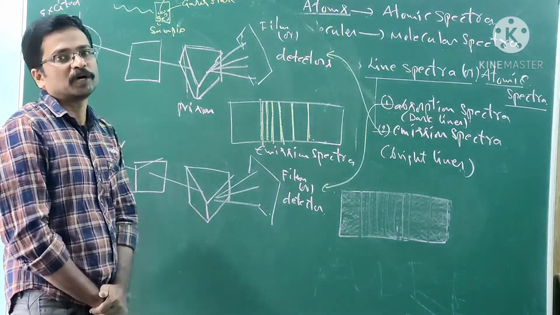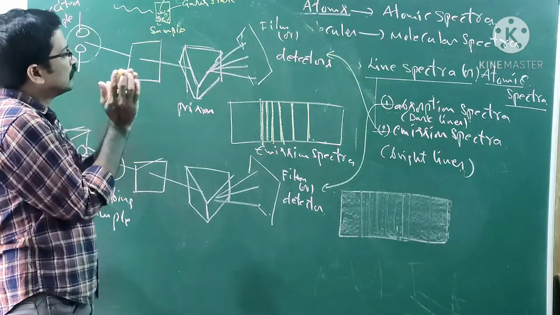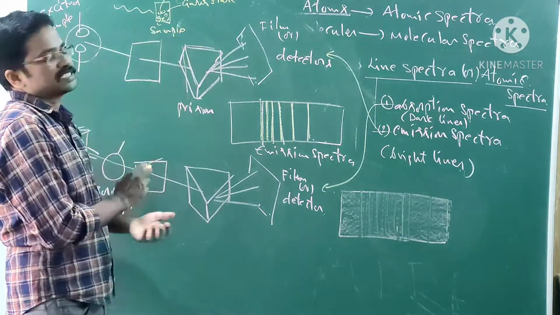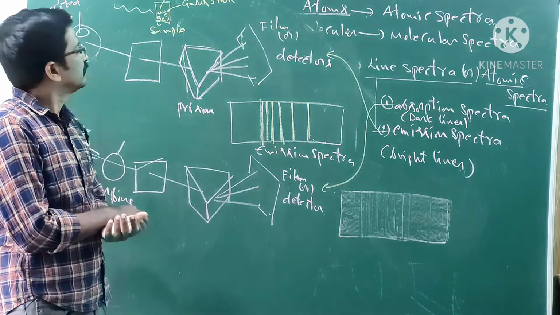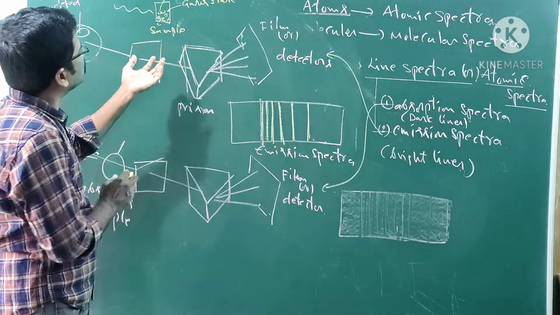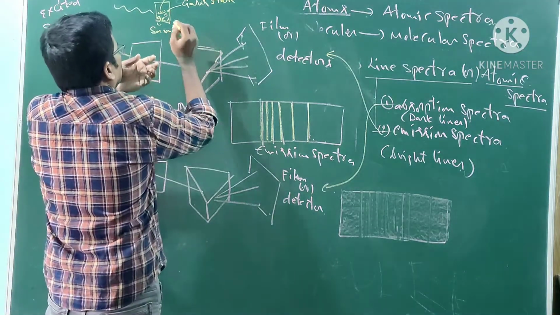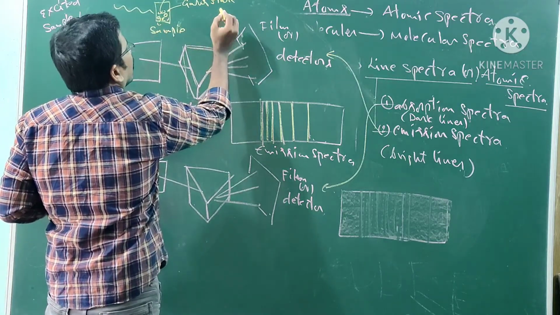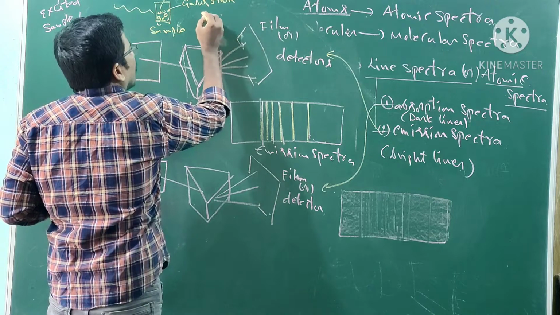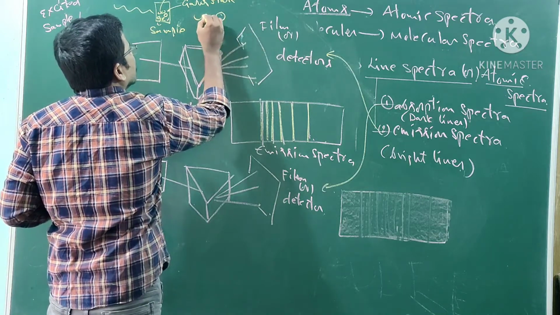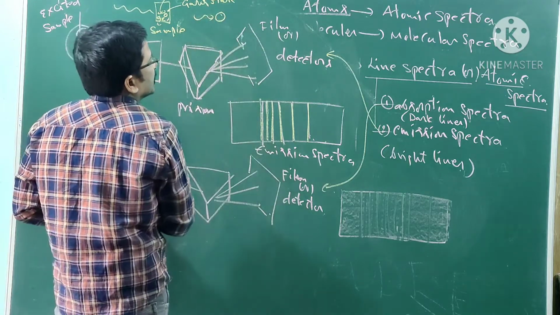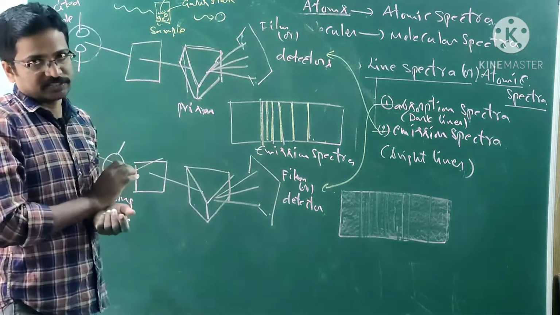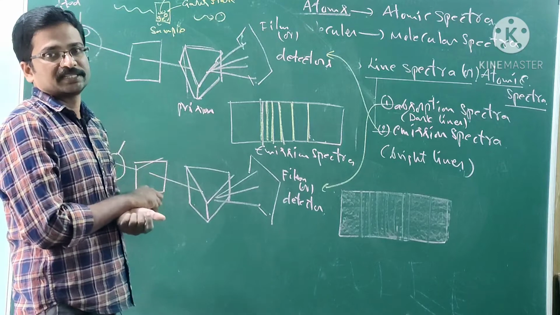The atom contains electrons in different energy levels.